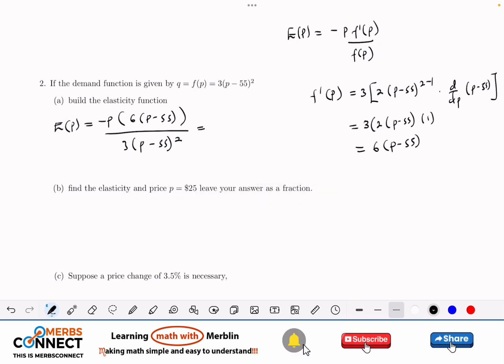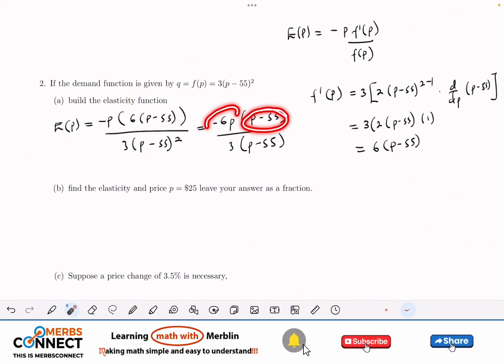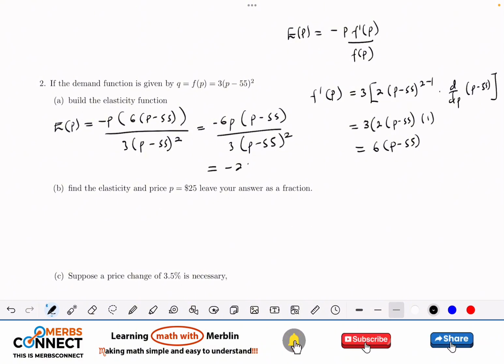So this one can be written as minus 6P (P minus 55) divided by 3, then (P minus 55) squared. So I can cancel, because this one is multiplying this, and since this one is squared, I can cancel this and this. I can cancel 3 and this.